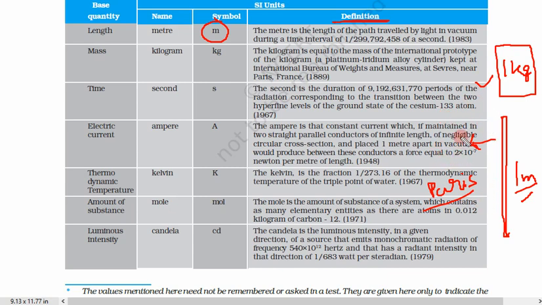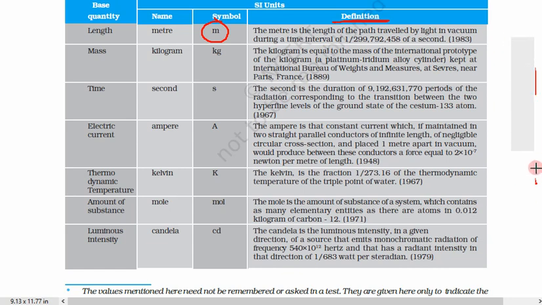So we need some other kind of standards which cannot be destroyed by an earthquake or any other natural calamity. So these standards were discarded and new standards were found. Even though these standards can be found in Paris even now, since they are destructible by natural calamities, the SI system changed the definition of units.